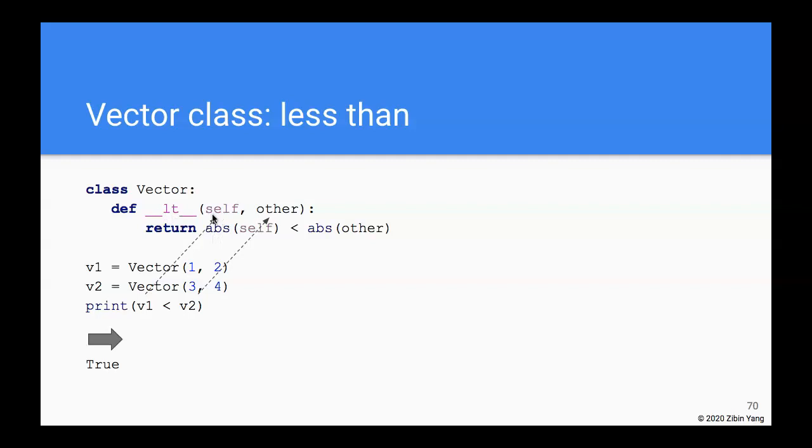When we compare two vectors, I hope you get the drill by now, the first vector is going to be assigned to self, and the second vector is going to be assigned to other. Because we want to compare the magnitude of these two vectors, we take the absolute value of self, the first vector, and compare it with the absolute value, or the magnitude, of the second vector, the other. And that's all we have to do.